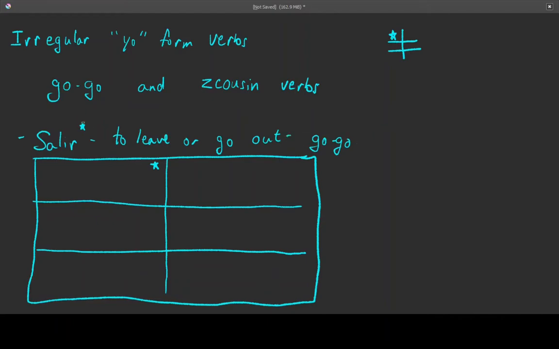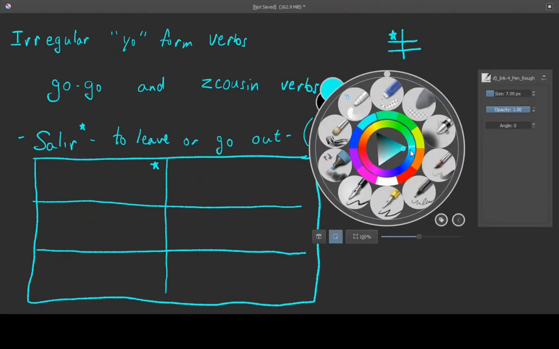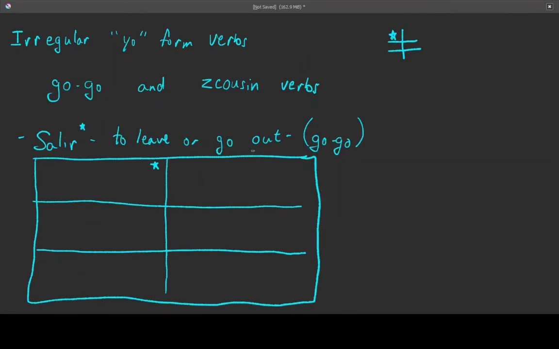And I put a star next to it because it's irregular, and the irregularity is going to be that it is a go-go verb. All right, so what that means is that in the yo form, I'm going to do this in red. Red means that you all should not write it down. I'm going to take this verb salir, and I'm going to conjugate it the way that I normally would.